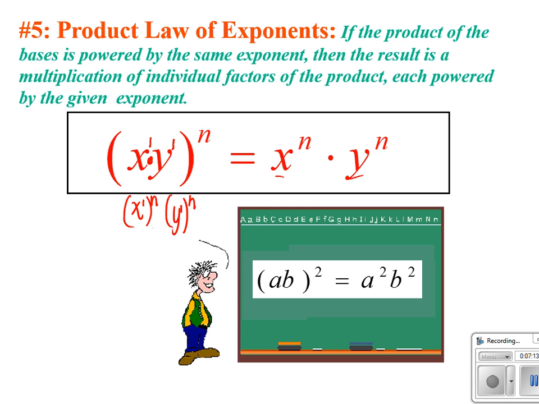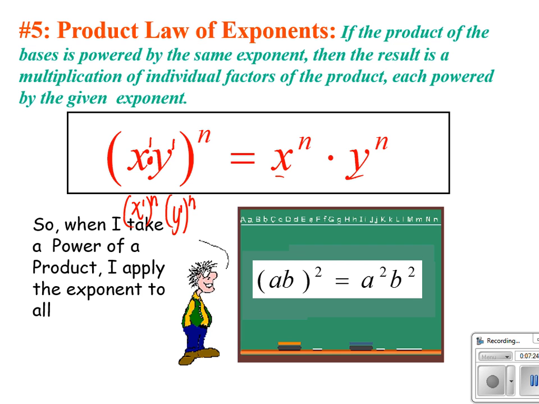Right, so if you have ab to the second power, you get a to the second power, b to the second power. So when I take a power of a product, two things rather than one, I still multiply every exponent on the inside by the exponent on the outside. So it's still a power to a power, and we multiply.